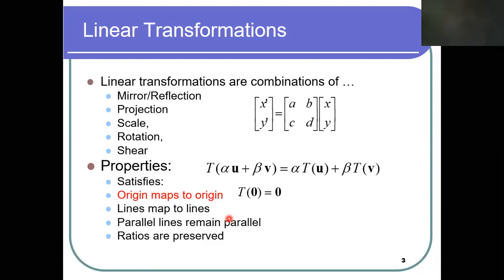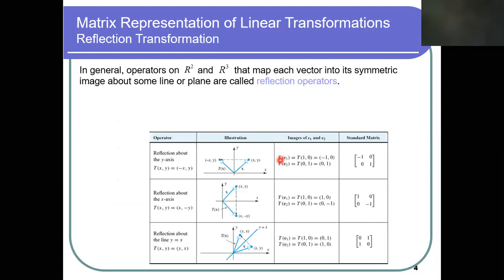So let us come up with some basic properties of linear transformation. If you look over here, this is the matrix representation of linear transformation. Our first transformation, if you look back at your previous slide, slide number 3, is the mirror or reflection.